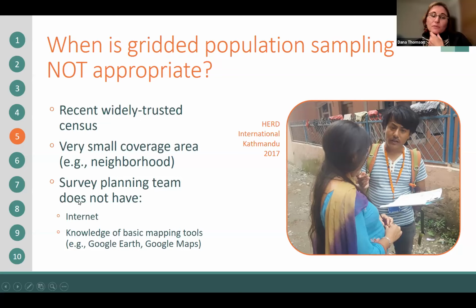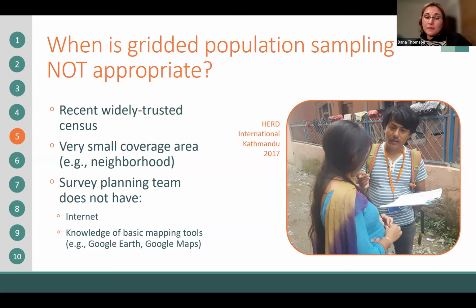And the last situation where I would not recommend gridded population sampling is if you are in a setting like Yemen or South Sudan, where there might be a lack of power and internet on a very regular basis. I would not use this approach because you almost always want to use some kind of map, like Google Earth at least, before you go to the field, just to check your sampling units and know where you're going, generate maps, etc. And all of those tools will require the internet to render satellite imagery.